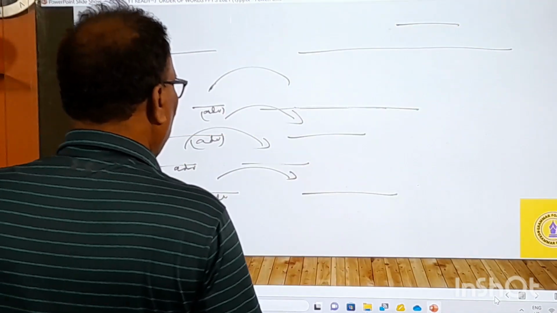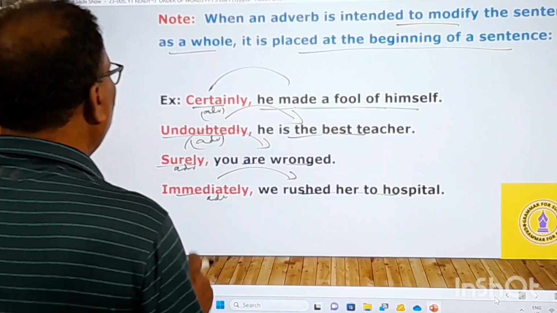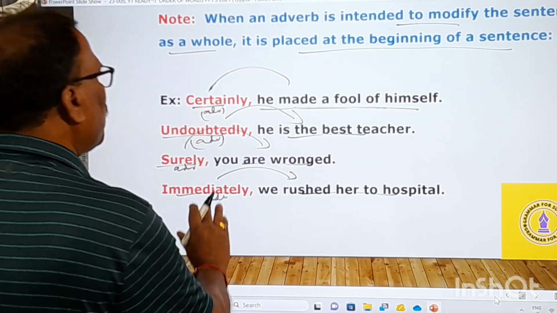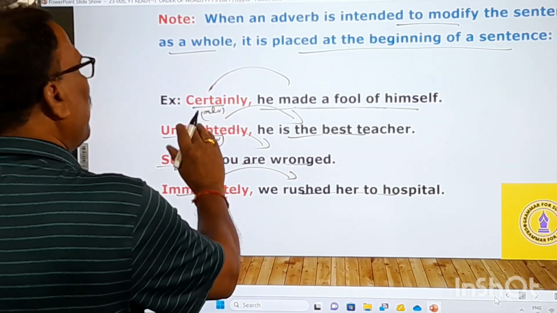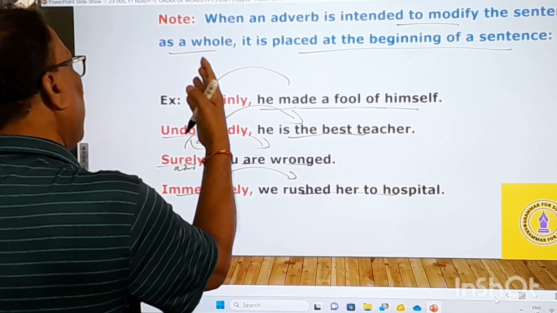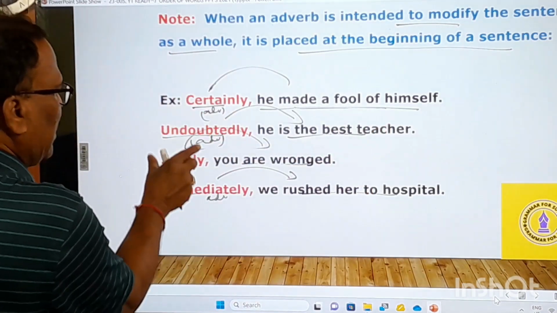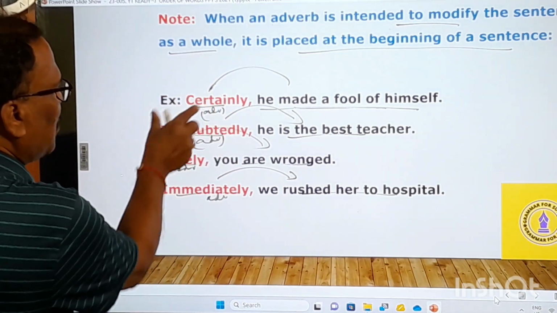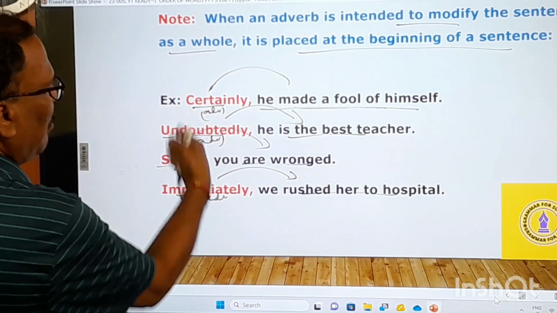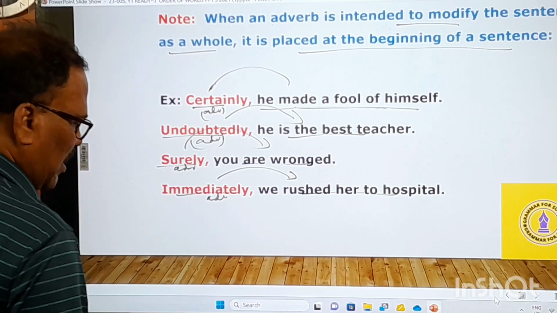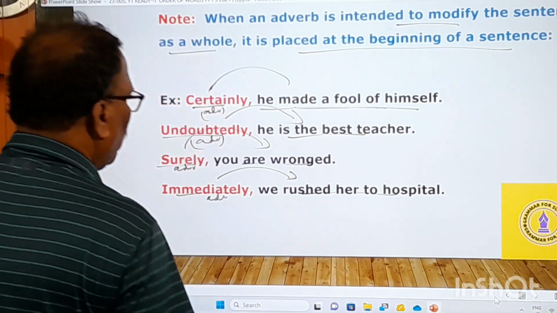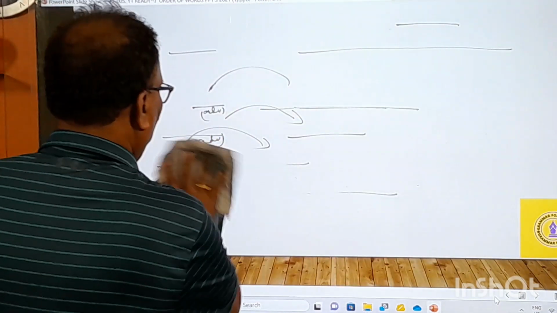In all these four examples, you find that if any adverb is to modify the whole sentence, it will be placed at the beginning of the sentence only. Now you have understood from these four examples, right? And now you go to the next slide.